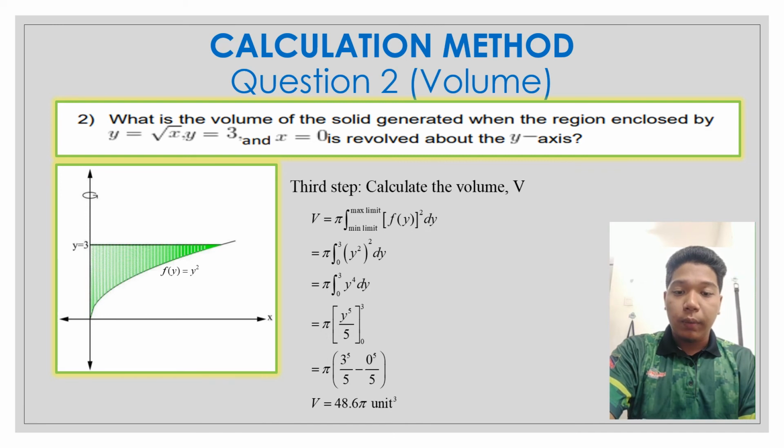Simplifying, it becomes pi times y to the power 5 over 5, evaluated from 0 to 3, which is pi times (3 to the power 5 over 5 minus 0 to the power 5 over 5). We get the answer V equals 48.6 pi cubic units.